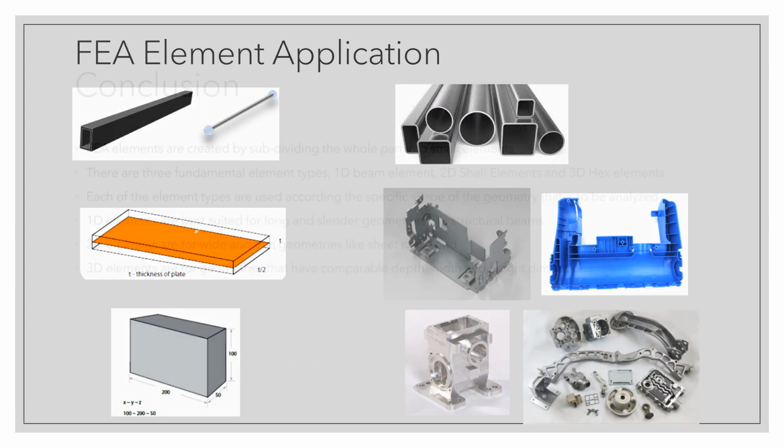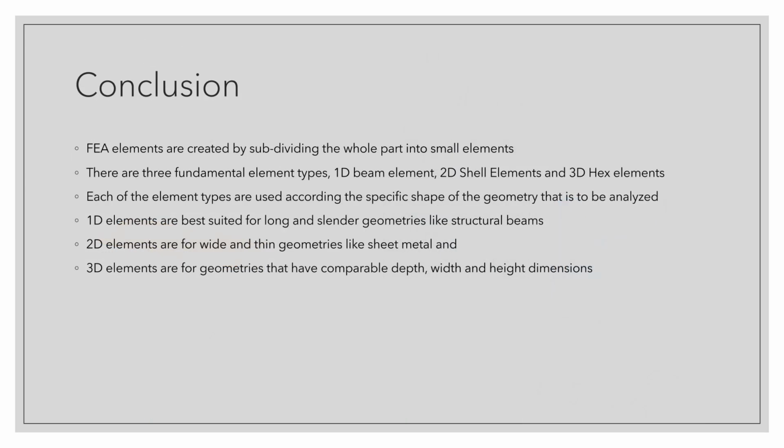As a final conclusion, we can say that FEA elements are created by subdividing the whole part into small elements, where this process is called meshing. There are three fundamental element types, which are 1D beam, 2D shell elements and 3D hex elements.